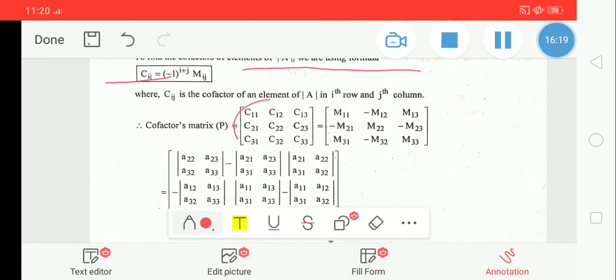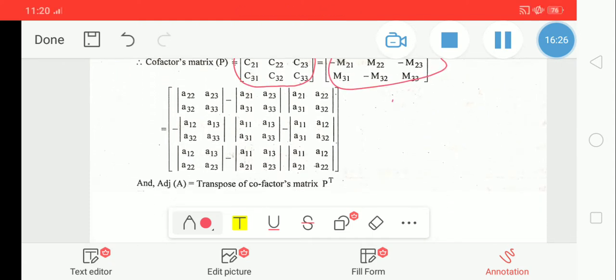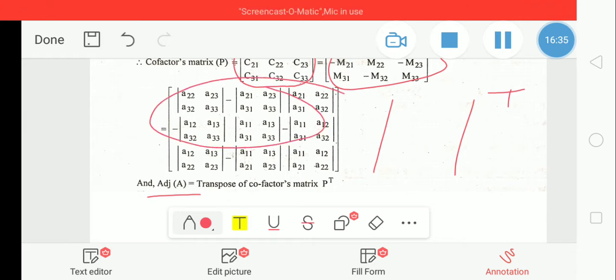So they give this cofactor matrix P, means this one. Now this matrix we can write in transpose. So adjoint of A is equal to the transpose of the cofactor matrix, means P transpose, that is adjoint of A.